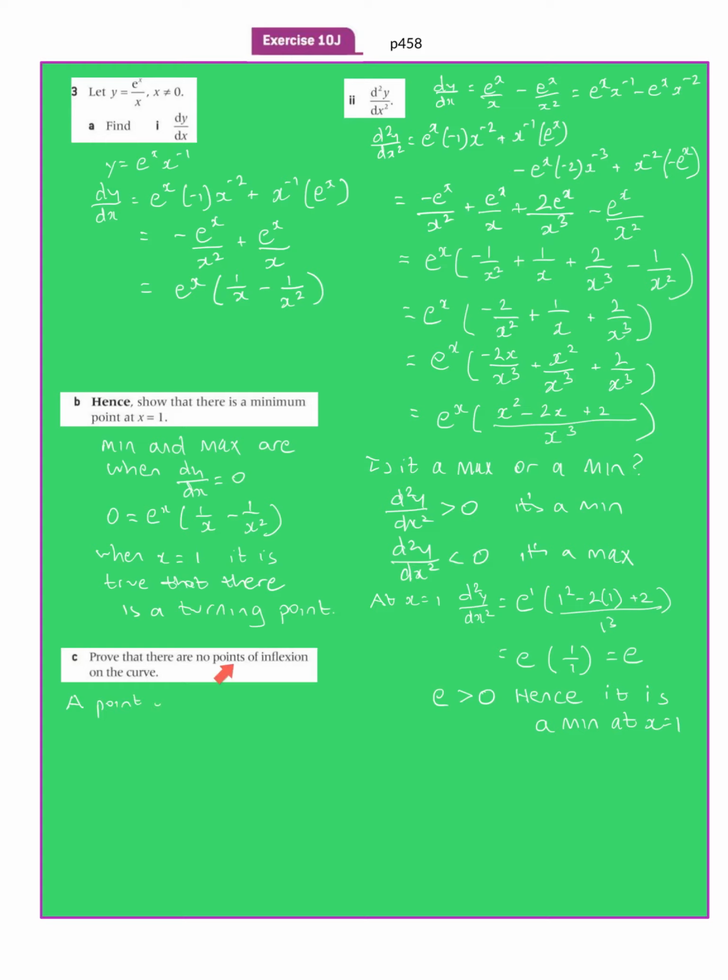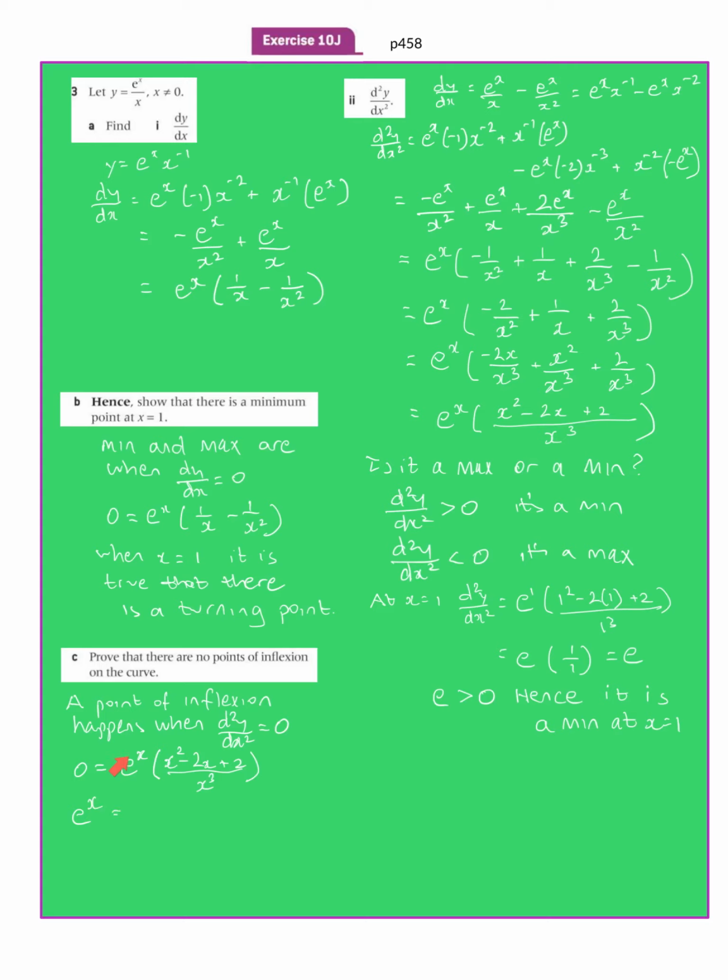Part C, prove that there are no points of inflection on the curve. Points of inflection occur where the second derivative equals 0. So we're going to have a look at that. We're equating this second derivative here to 0. We're going to use the null factor law again to solve this for x if we can.